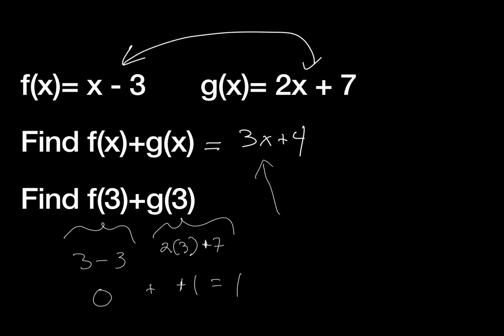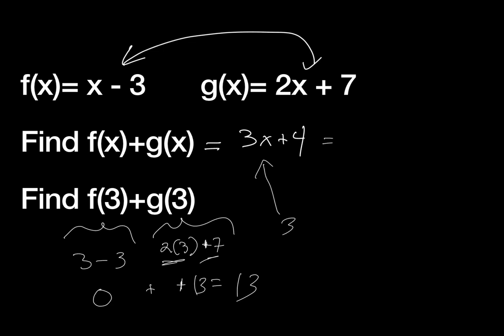6 plus 7 isn't 1. It's 13. There we go. All right.